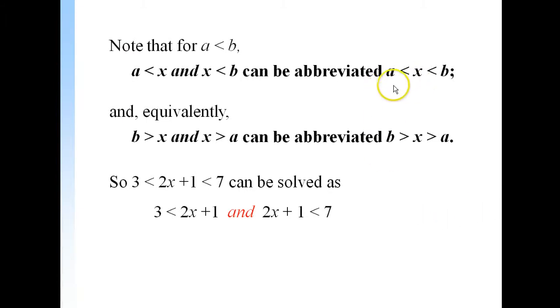And there is a way to write this conjunction. And we can also solve this together here. Again, we would subtract 1 from each term. And we can do it in 2 parts. I guess that's what they're showing us here. Okay.